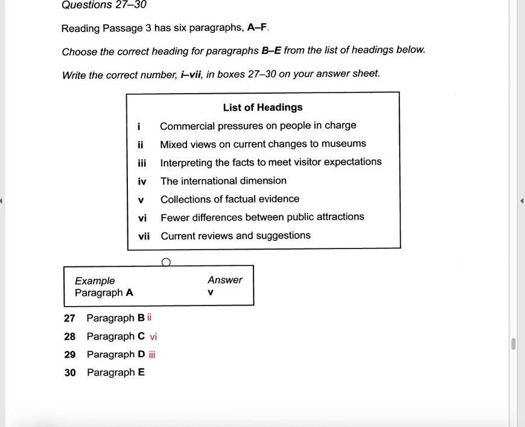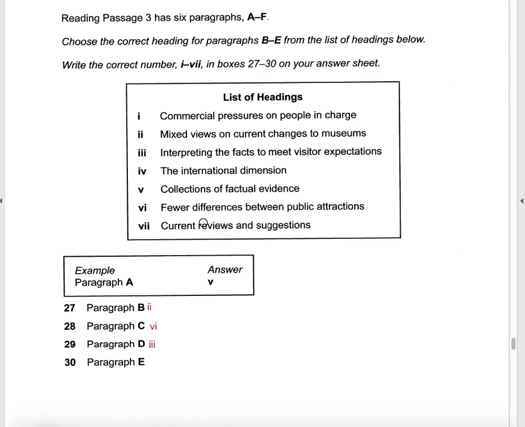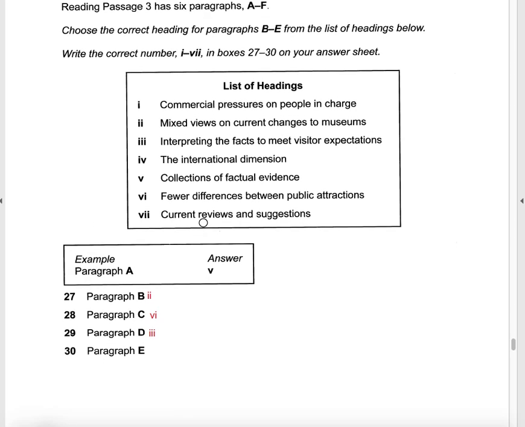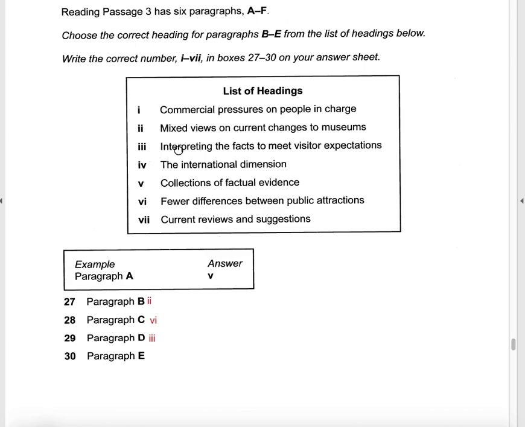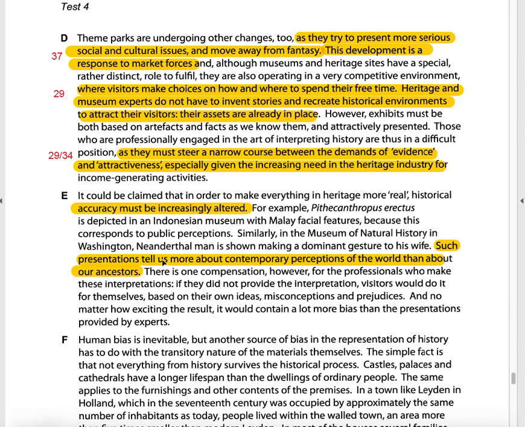Actually, this one sounds more like 3. Changing my mind here. It talks about interpreting the facts. So actually, yeah, nothing about commercial pressures here. Okay, no, yes. Yeah, I can see here.